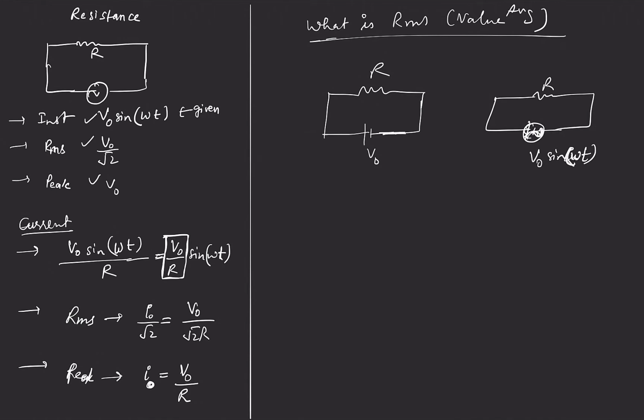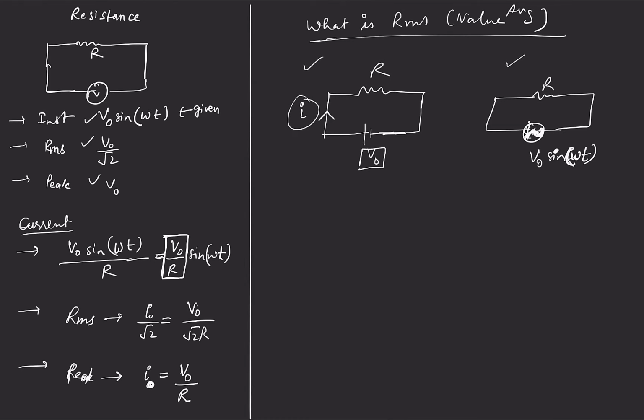So now we have to calculate what should be the current I in this constant voltage circuit, such that the power dissipated in both the circuits, the left circuit and the right circuit, is the same.